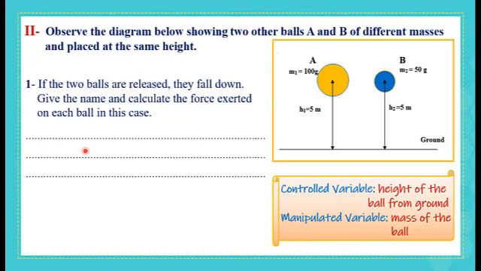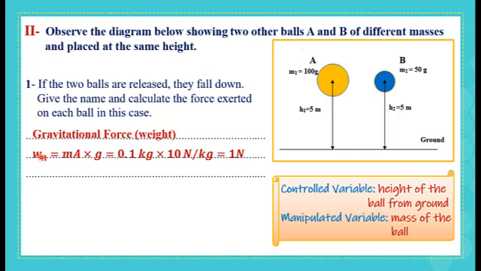To calculate it, we should start with the formula. Weight equals mass multiplied by gravity. For sure, the mass should be converted to kilogram by dividing it by 1000. So, starting with A, the weight of A will be equal to 1 Newton, while that of B will be equal to 0.5 Newton.